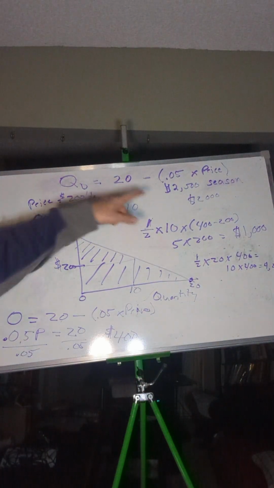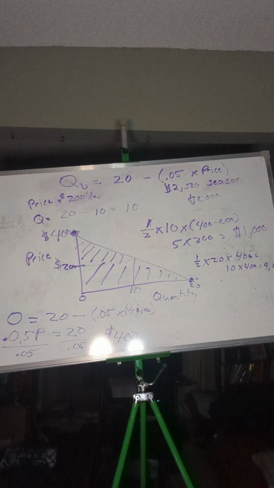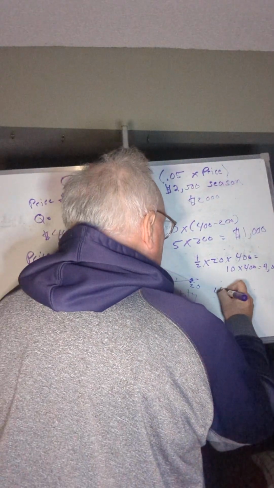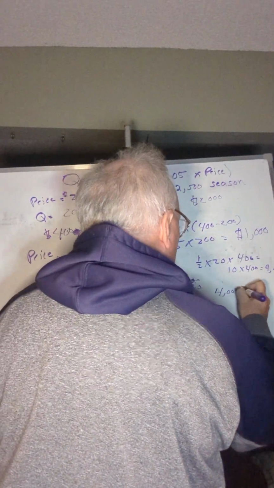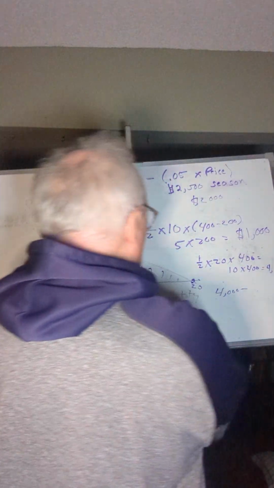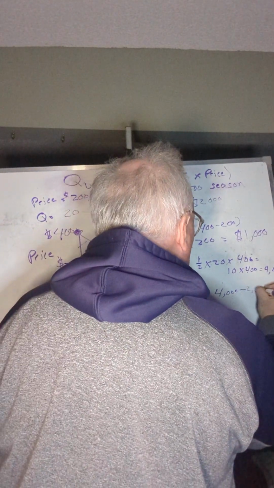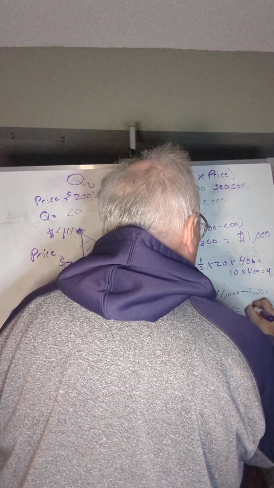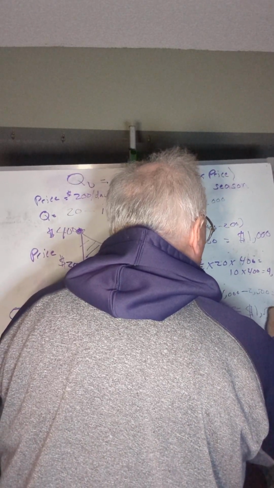However, remember we had to pay $2,500 for the season pass. So we take the consumer surplus from the triangle, but then we subtract what we had to pay to get to this big triangle, $2,500, and so our consumer surplus for the season pass is going to be $1,500.